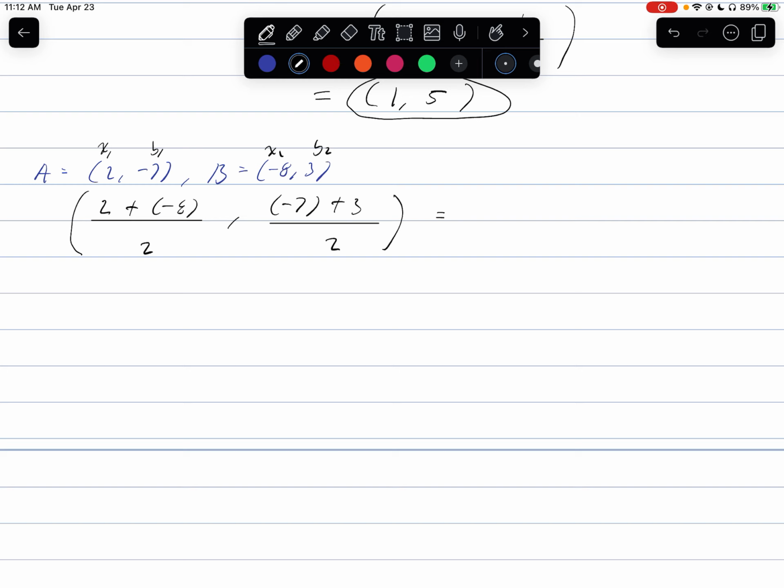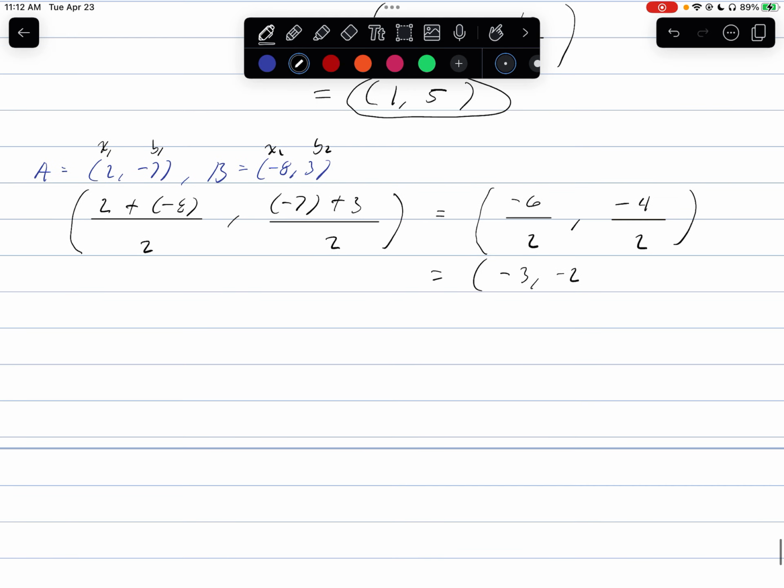So 2 plus negative 8 is going to be negative 6, so we'll have negative 6 over 2, and then negative 7 plus 3 is going to be negative 4, so we'll have negative 4 over 2. If we simplify this, we'll get (-3, -2), and that will be the midpoint between these 2 points.